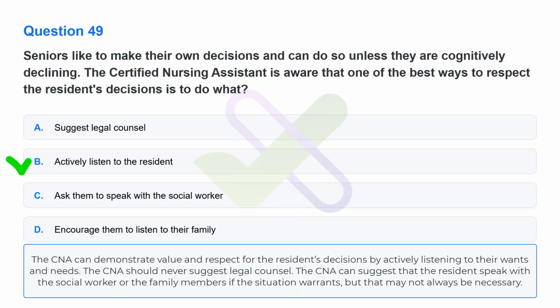Correct answer, B. Actively listen to the resident. The CNA can demonstrate value and respect for the residents' decisions by actively listening to their wants and needs. The CNA should never suggest legal counsel. The CNA can suggest that the resident speak with the social worker or the family members if the situation warrants, but that may not always be necessary.